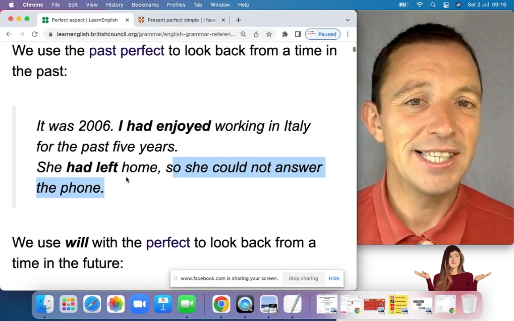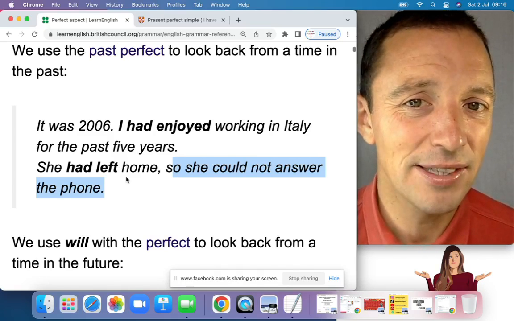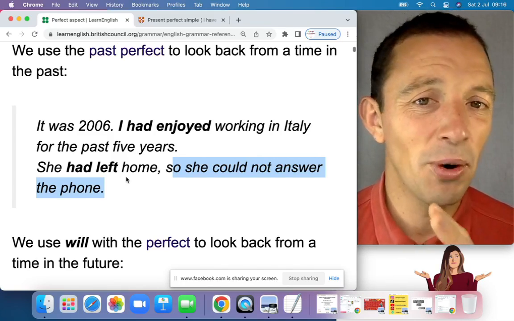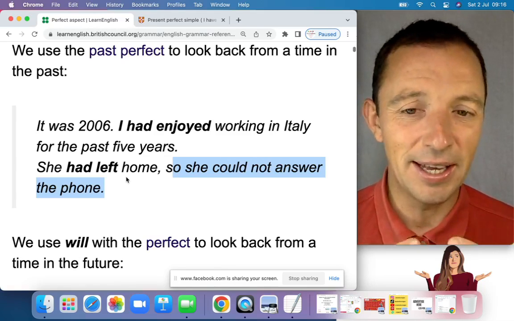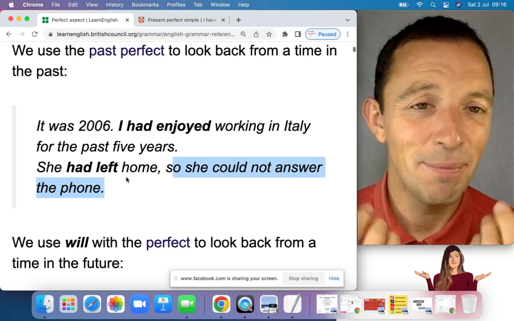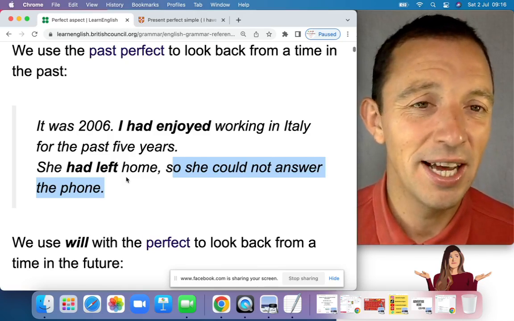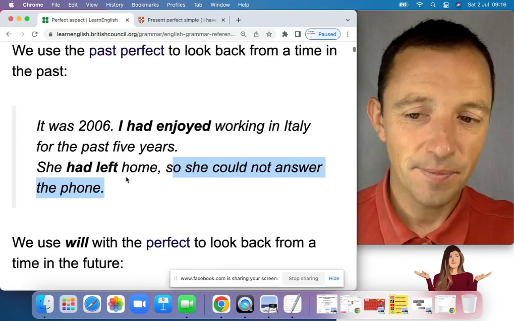Okay, so this is the theory and the concept of the present perfect and the past perfect. Very important, big parts of English everyday speaking, everyday listening, everyday writing, everyday reading. The present perfect and past perfect are really big parts of English.